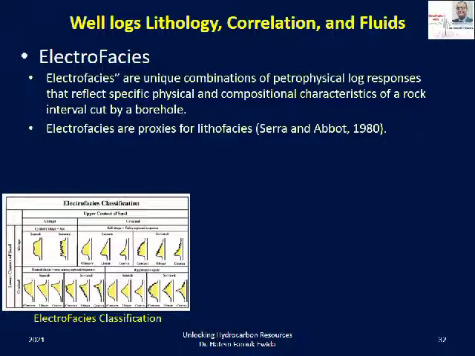Some of them give a clue about whether the deposition was coarsening upward, so the particles of the sedimentary rock get coarser going upward, or finer upward. Each one of them gives a clue about the environment of deposition, and also gives you some information about the expected type of reservoir or the hydrocarbon or the petroleum system in the area.